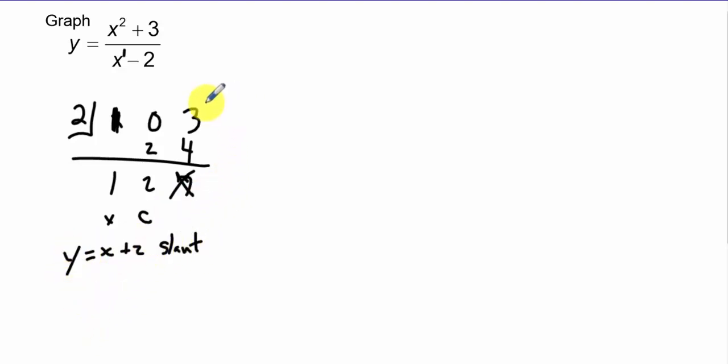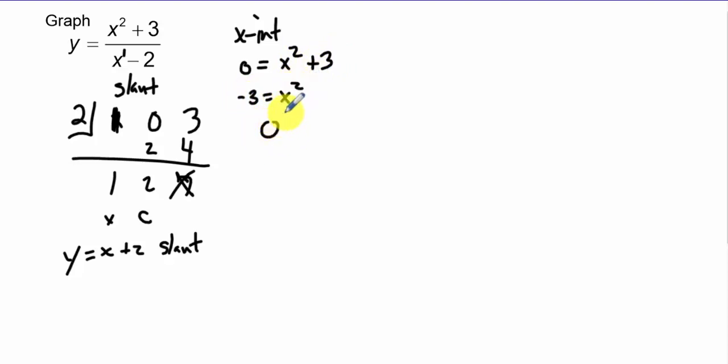To find our x-intercept, we set y equal to 0, which is basically like setting the numerator equal to 0. We note that we have -3 is equal to x squared.